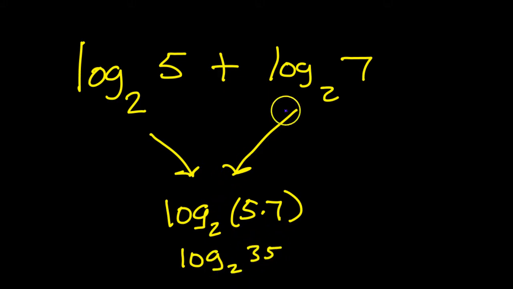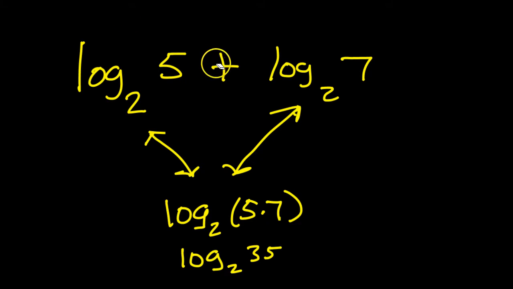So it is a two-way street. The sum of two logs can condense down to a single log of multiplication, and the log of a multiplication, a product, can split apart as a sum.